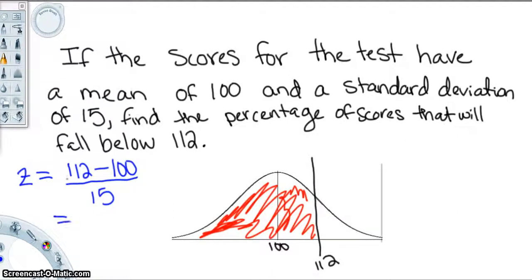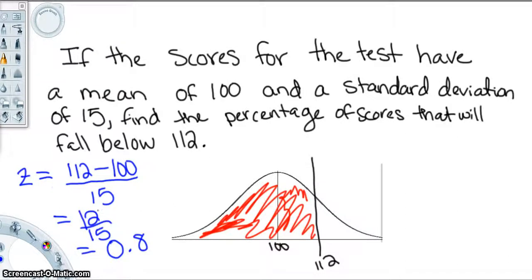We find out that 112 subtract 100 gives us 12 over 15, which comes out to 0.8. So we're looking for when z equals 0.8.